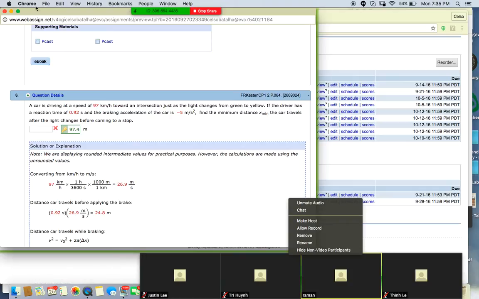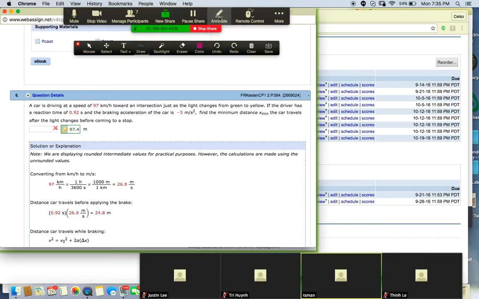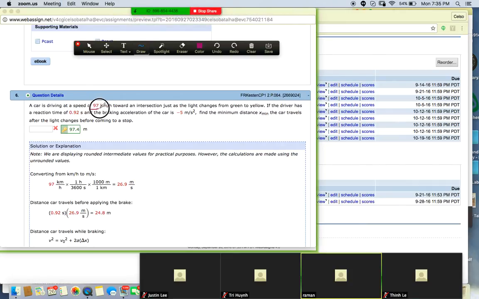Okay, so then you have a car. Let me annotate that. So you have a car that is driving with the speed of 97 kilometers per hour. So let's write the given information. Speed, 97 kilometers per hour. And I have meters somewhere there, so I'm pretty sure we have to convert that to meters per second.